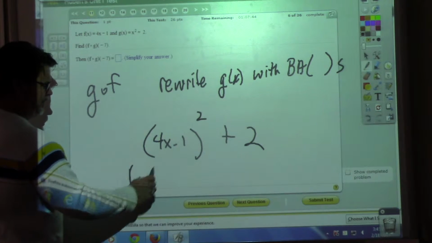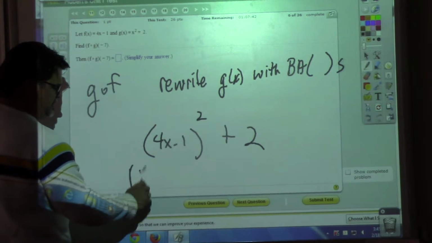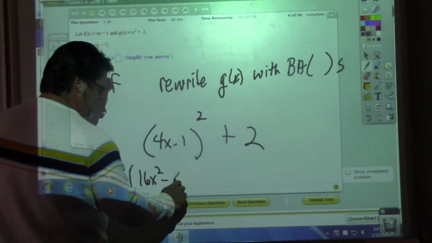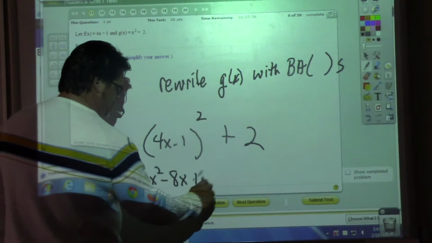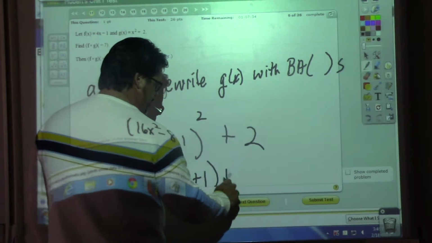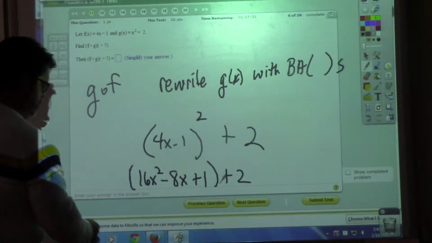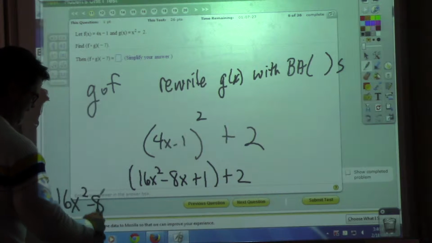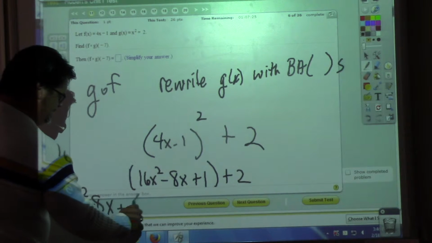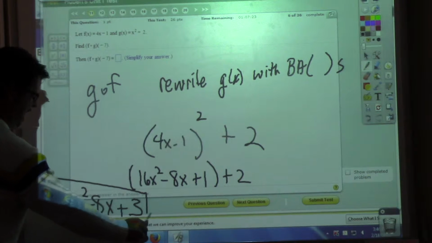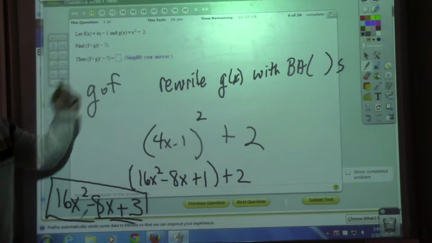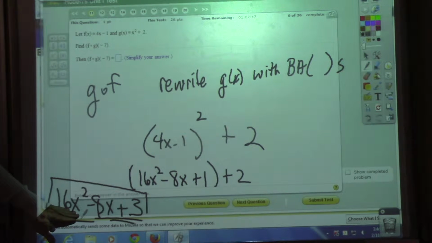All right, so take 4x, that'd be 16x squared minus 8x plus 1 plus 2, and what's 1 plus 2? 3. And then what do you do with that? If it said G composed of F of -7, plug in all the x's with -7.